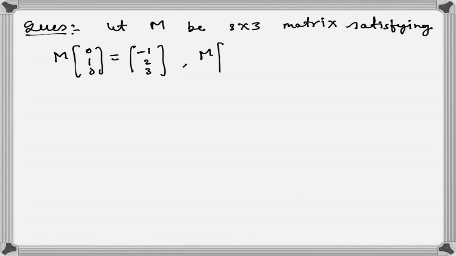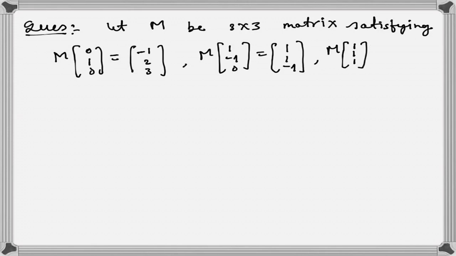M times (1, minus 1, 0) is equal to (1, 1, minus 1). The third one is M times (1, 1, 1) is equal to (0, 0, 12).